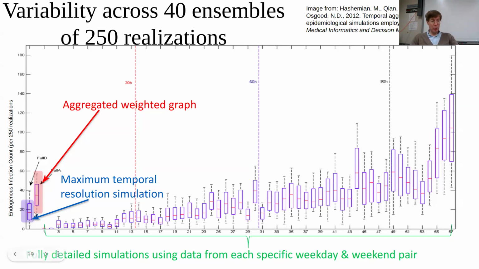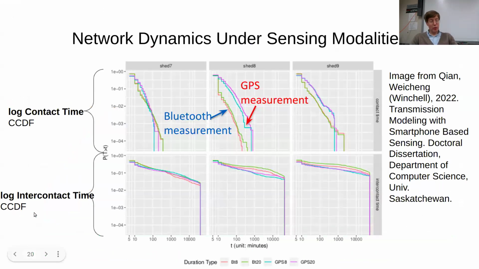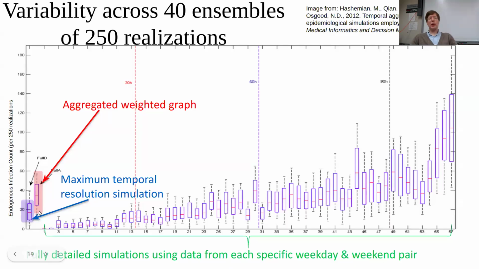Way overstated how much you could spread, because in the detailed transmission, maybe there's person A and person B, who are sometimes in contact, and person B and person C, who are sometimes in contact, right?